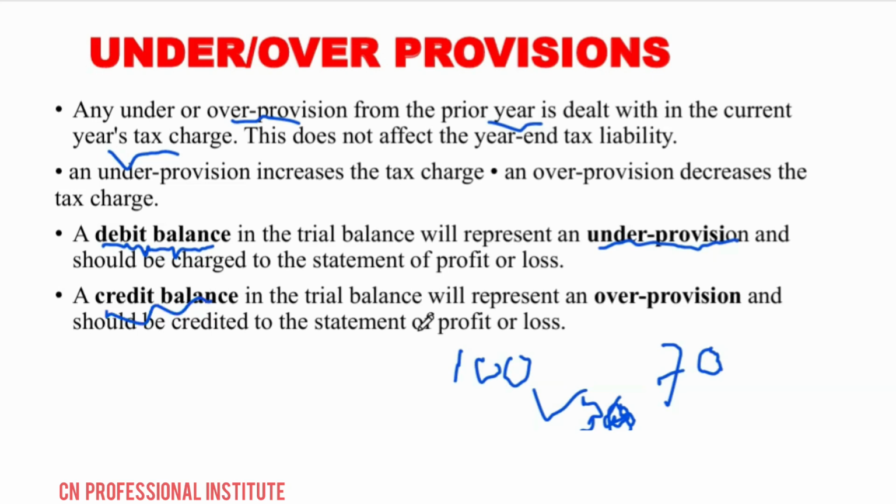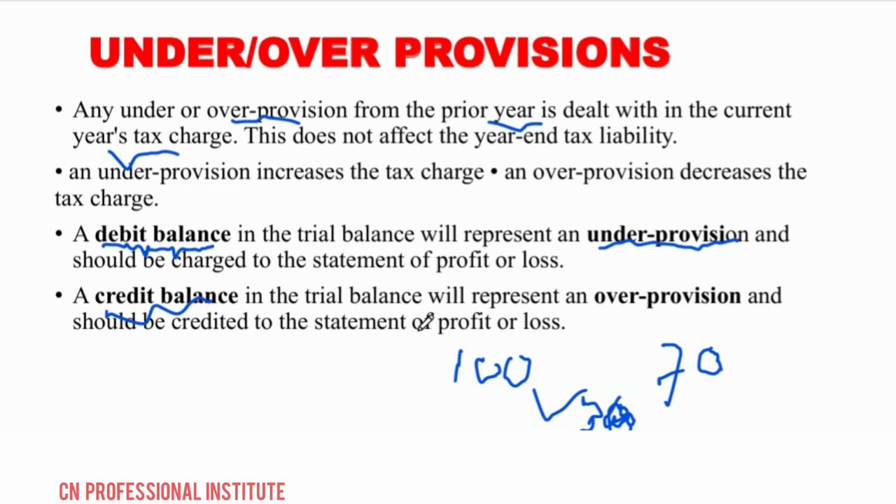Why is over provision having a credit balance? In the previous year, you have over provided. So it's like an income, right? You've made provision for income tax more than you're supposed to. So when it comes to the current year, it should be reduced. It should be used to reduce your current year tax.